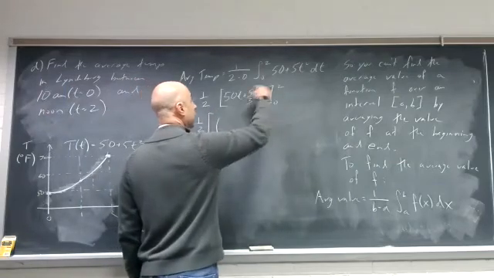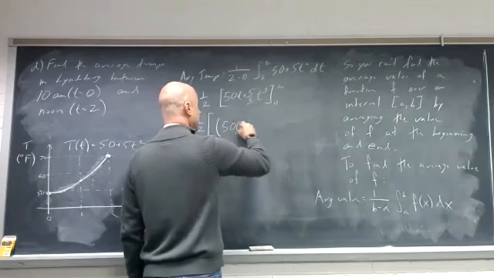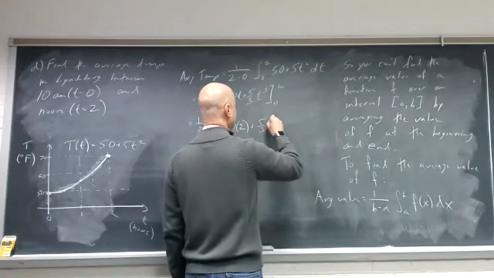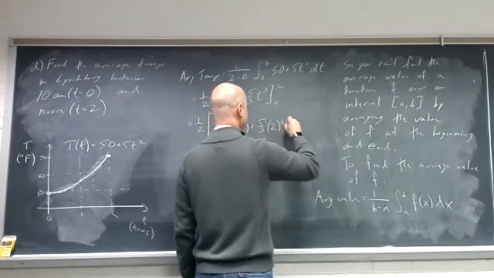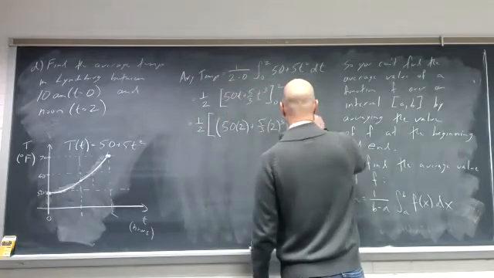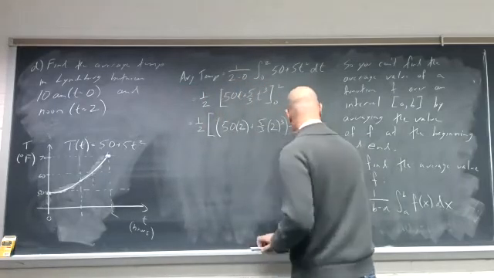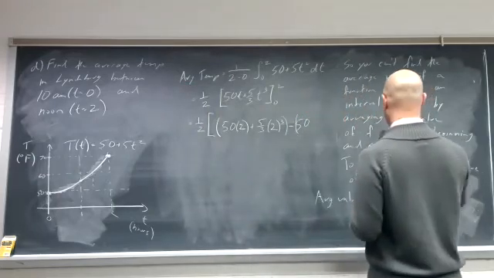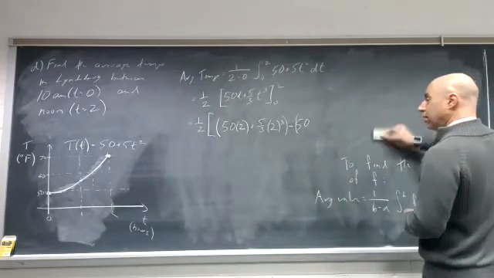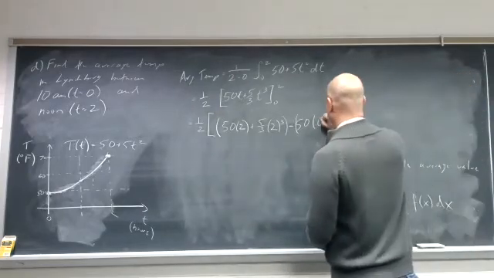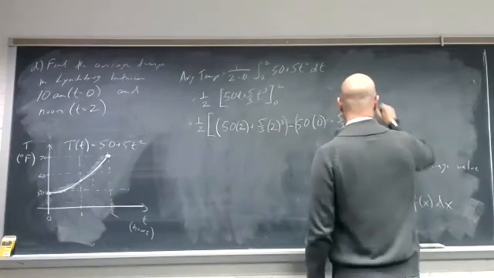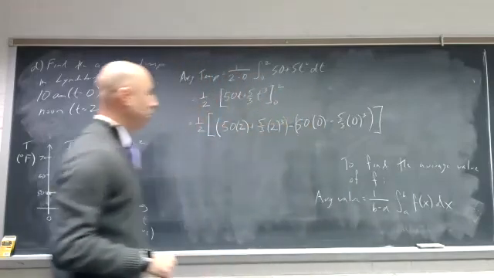Okay, plug in our 2, so 50 times 2 plus 5/3 times 2 cubed, minus 50 times 0 minus 5/3 times 0 cubed. A lot of parentheses there.